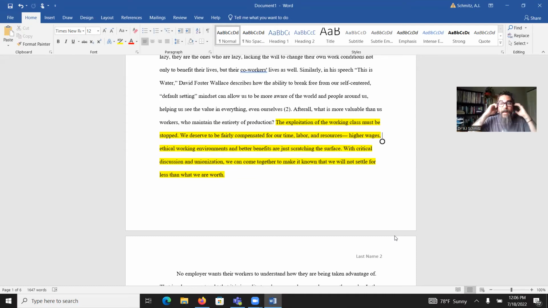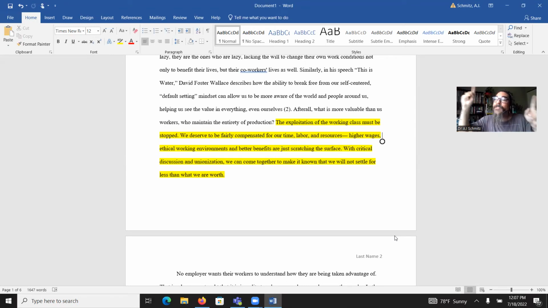And you know what might actually really help is if there's a union, a servers union, a teachers union, a healthcare workers union. If we have this union, then we can have some power to get this stuff. And then the paper is going to be using David Foster Wallace and Kristen Allred, two essays that do not talk about unionization, do not talk about labor, do not talk about social benefits or anything.